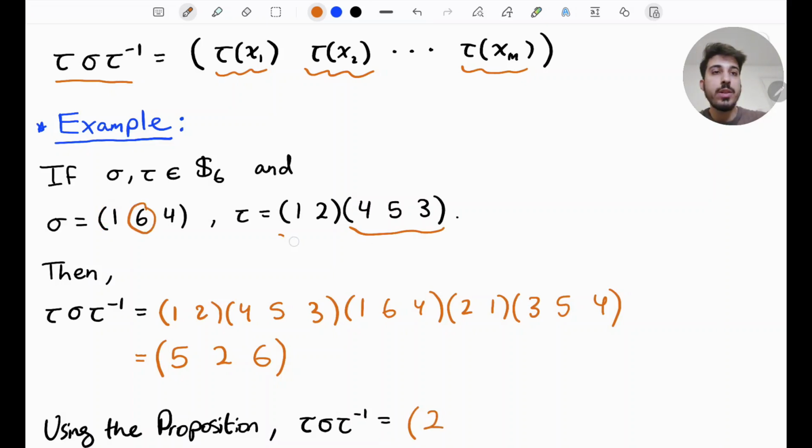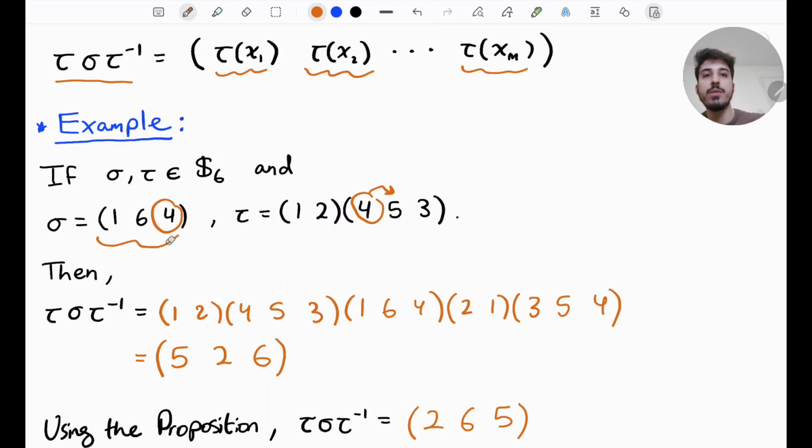Well, let us look here. Does tau send 6 anywhere? No. Tau fixes 6. So in place of 6, we're going to write 6, because 6 is fixed by tau. What about 4? Let's see what tau does with 4. Tau sends 4 to 5. So instead of 4, we write 5. And we close the parentheses because that's all the elements replaced in sigma.